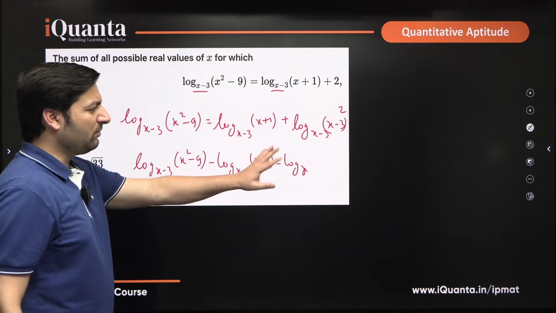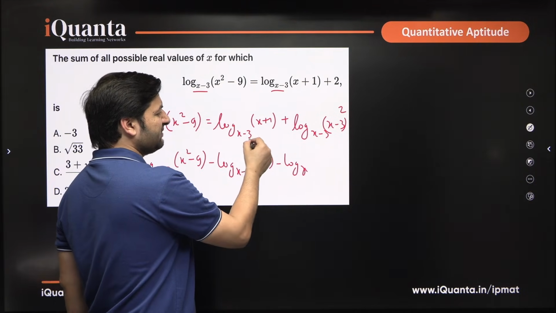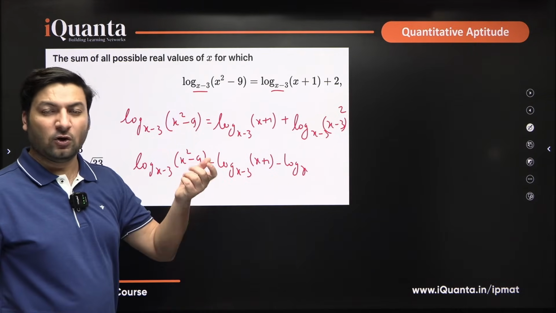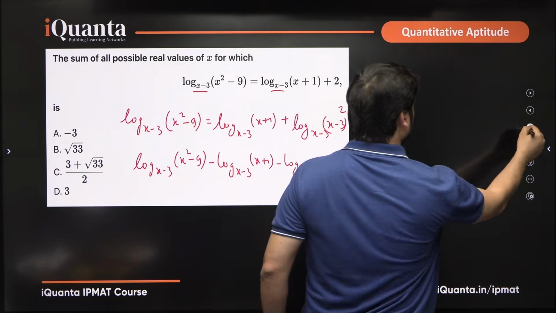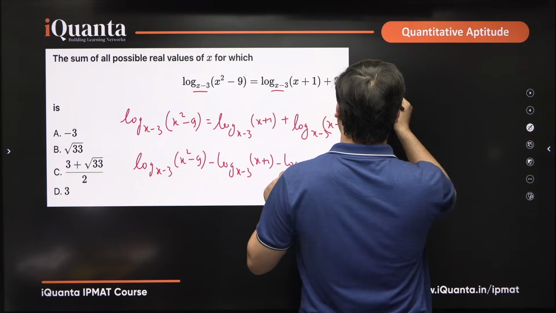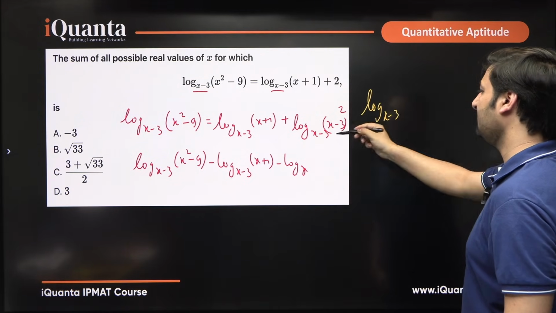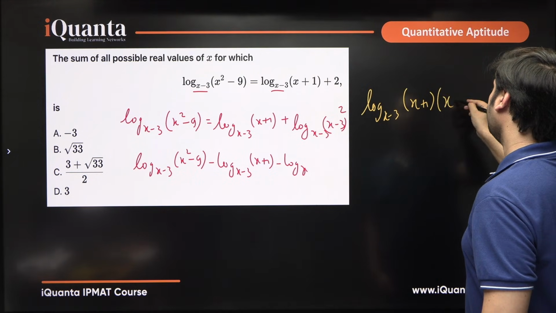See, I can do one more thing. In the right hand side, we have log base x minus 3 of this, and log base x minus 3 of this. If logs having the same base are being added, they can be multiplied, isn't it? So, can I simply write this part as log base x minus 3 of x plus 1 multiplied by x minus 3 square?